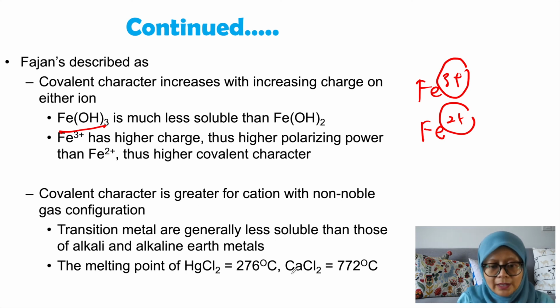Mercury chloride is 276 degrees C compared to calcium chloride 772 degrees C. So the mercury chloride is less soluble compared to calcium chloride. Why? Because one has a non-noble gas electron configuration, while this one has a noble gas electron configuration.